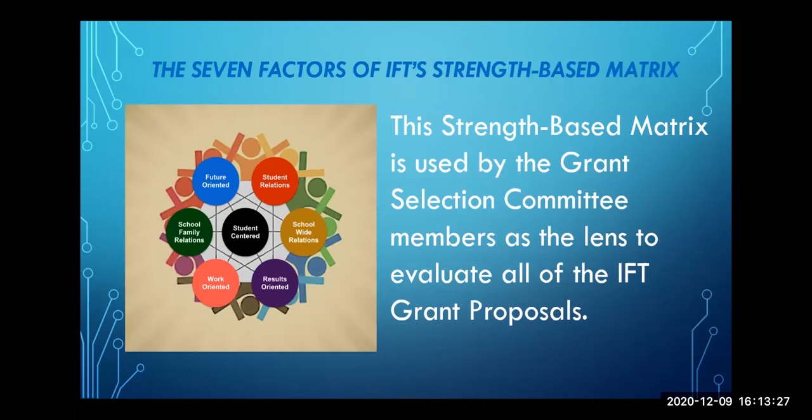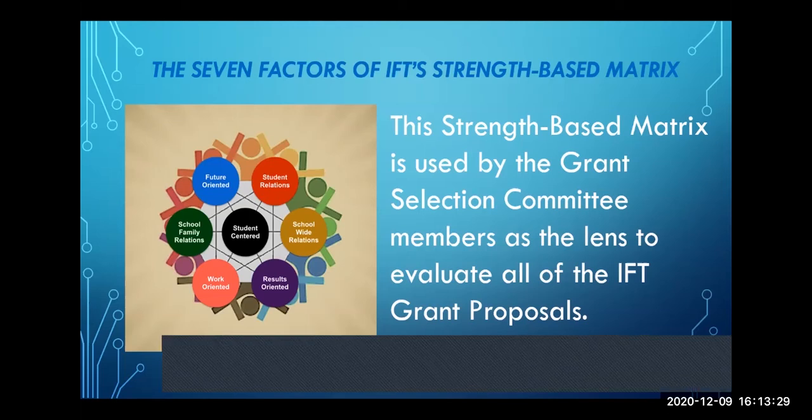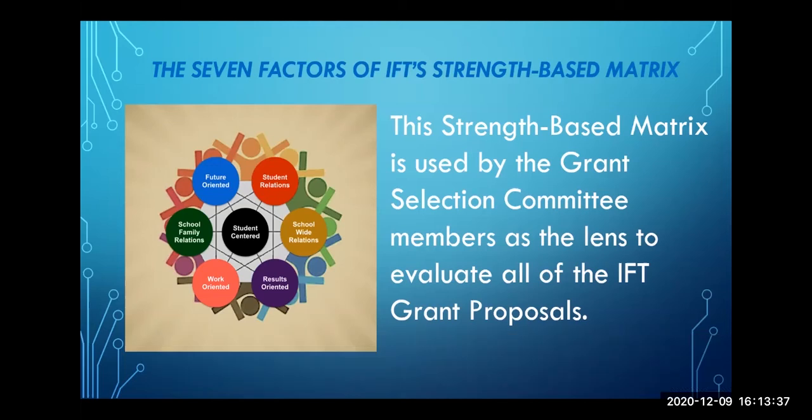The cutoff score was 15.2 this year, meaning that you could score 15.2 and you were going to be able to be funded. That changes yearly depending on the grant applications and proposals that we get in. Sometimes we have a little higher cutoff score, sometimes it's a little lower. It just depends on the particular year and what's actually being submitted.